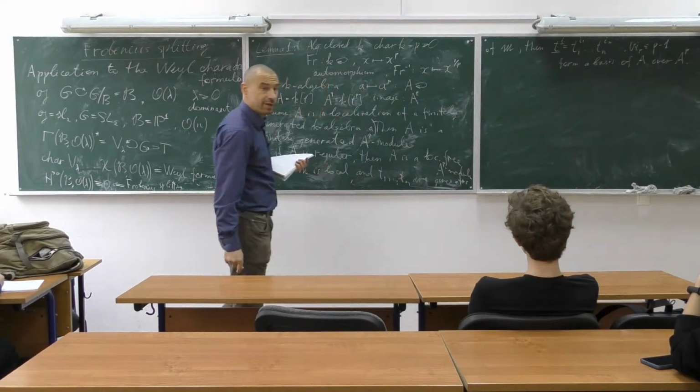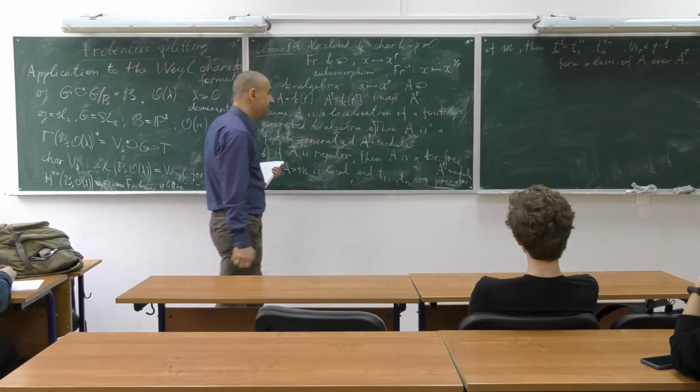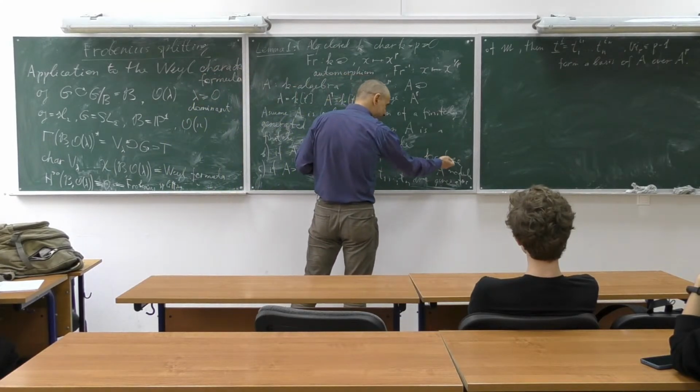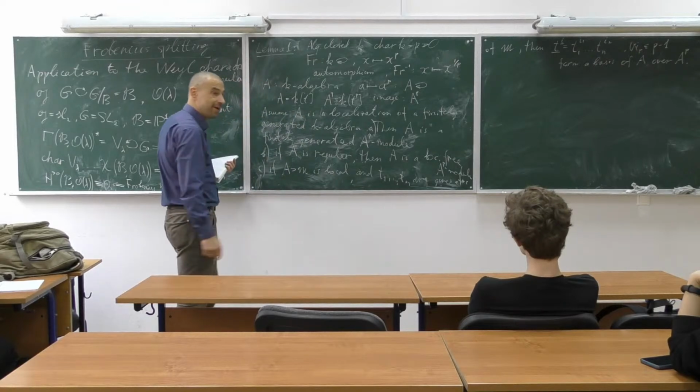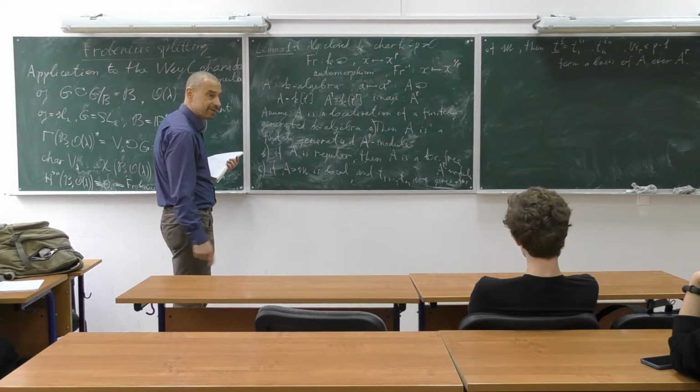Okay, so in the local case, I can specify a basis explicitly. It's a free module, but for a local ring. But then globally, it means that it's a locally free module.